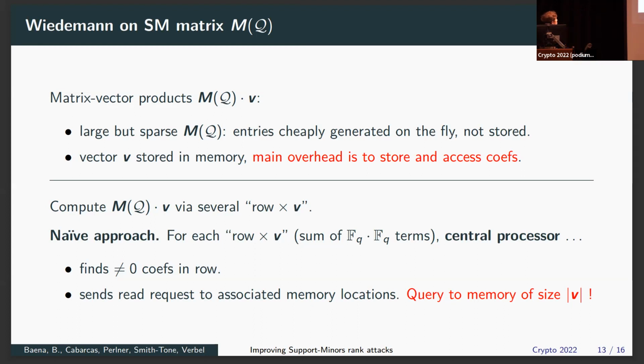Since your matrix comes from an algebraic system, each non-zero coefficient in the row is directly related to a coefficient in your initial system. And then for each of these non-zero coefficients, the central processor will have to send a read request to the memory location. But here the memory is of the size of the vector, and the vector is very big, so this is costly.